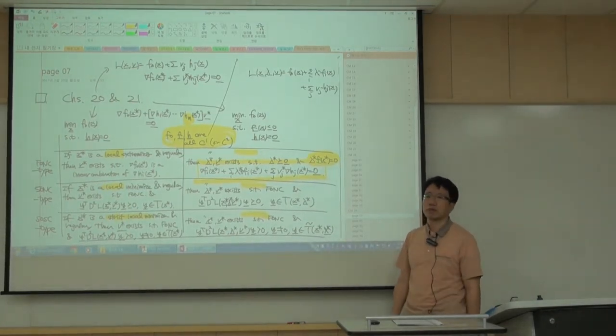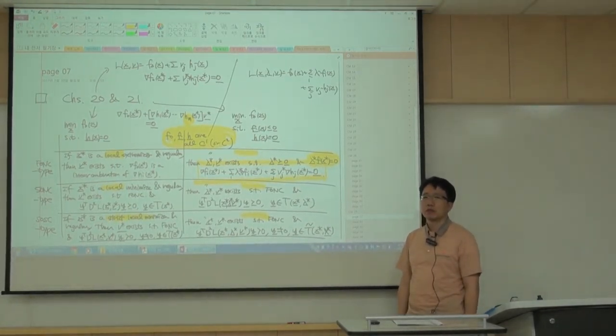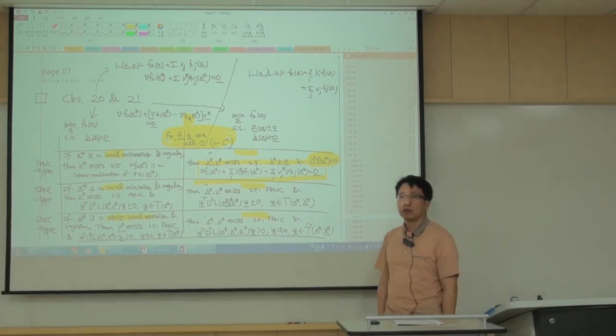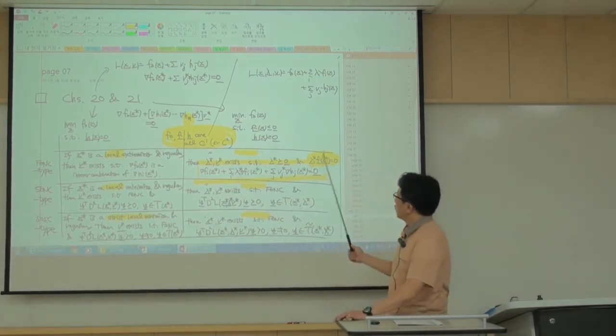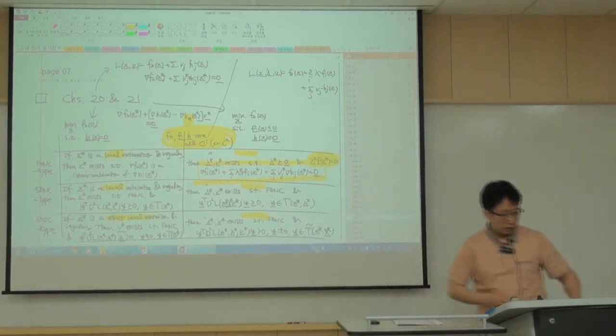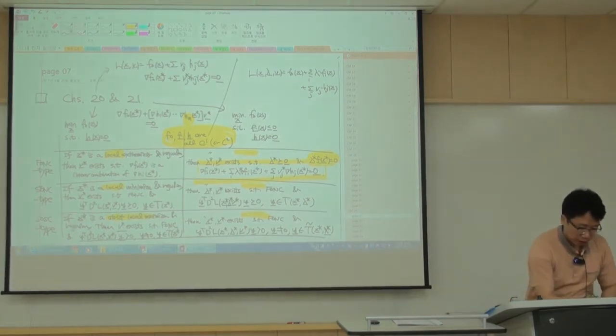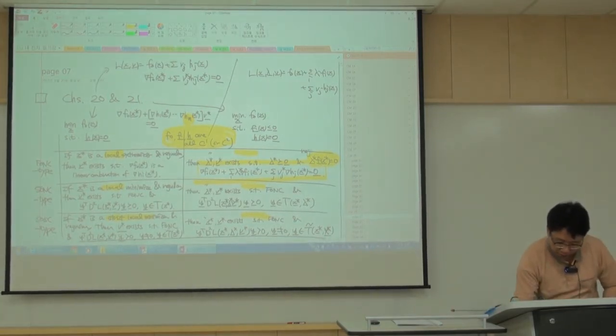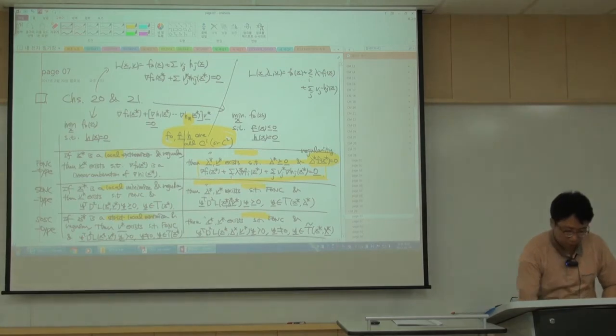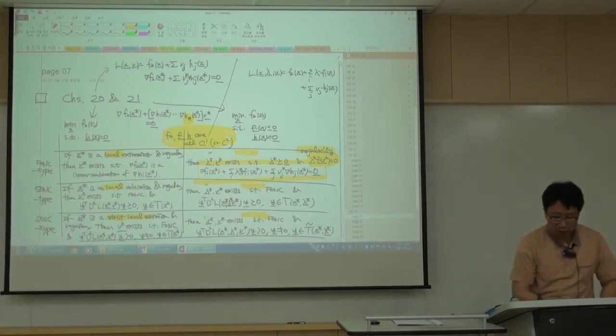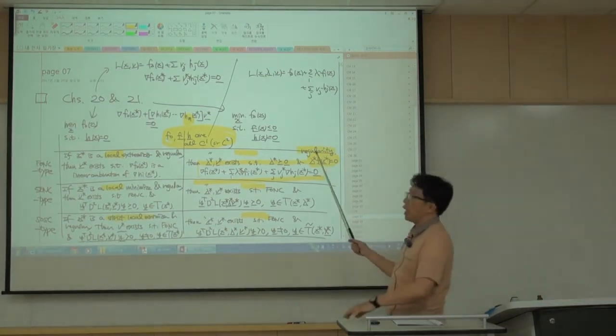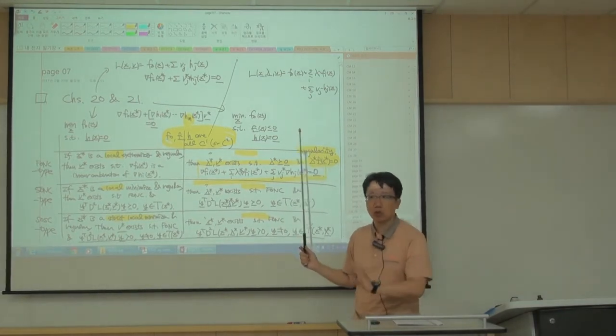What can you claim? Due to this regularity, you must be careful. Okay? For example, every feasible x is regular. You may be able to show that.